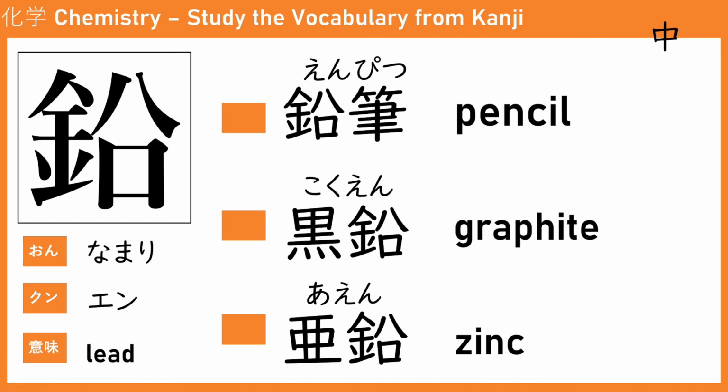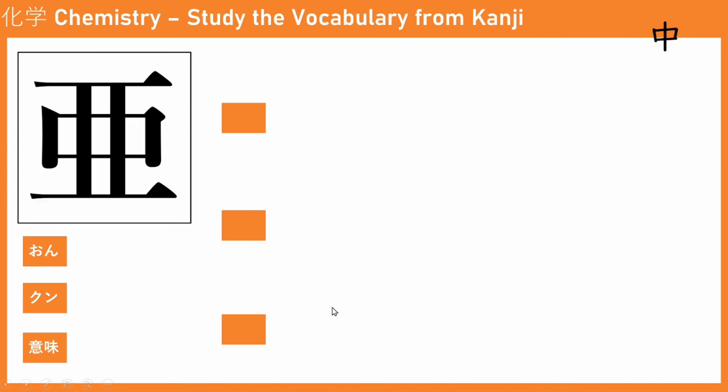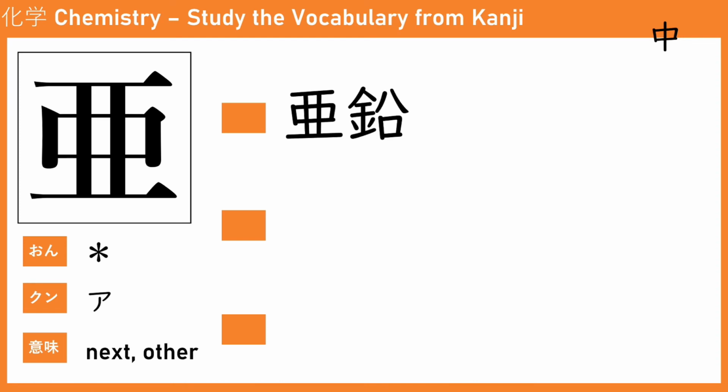So it represents the second or next element after Pb, which is zinc. The next kanji is a, which means next or other. You have seen this before: aen, the second or next of lead, which means zinc.